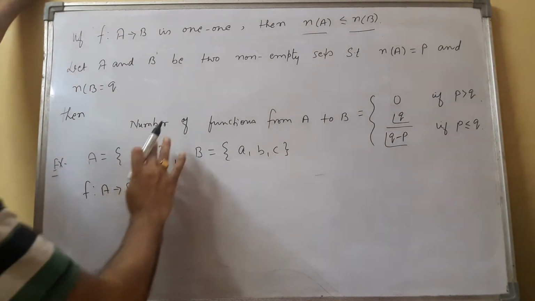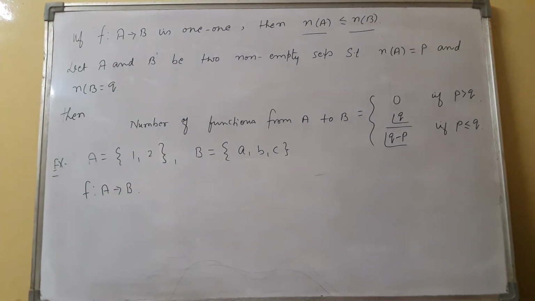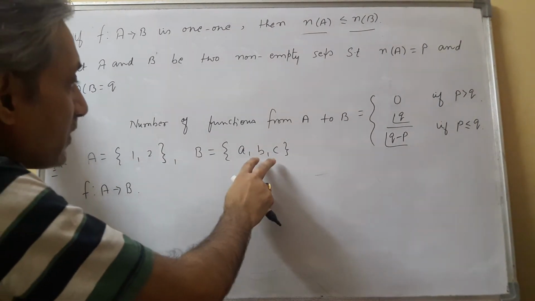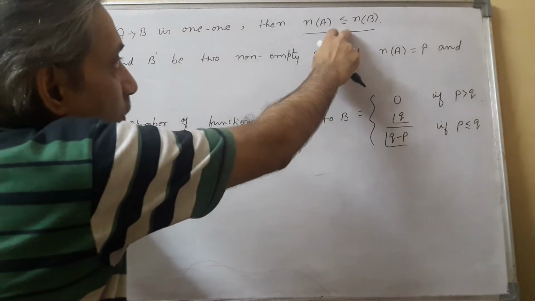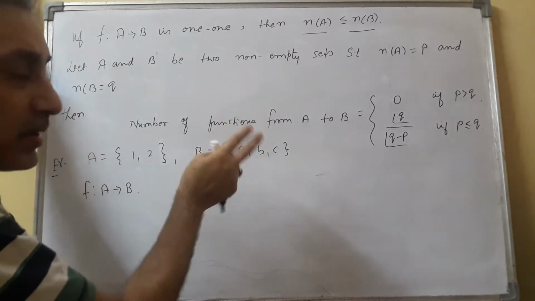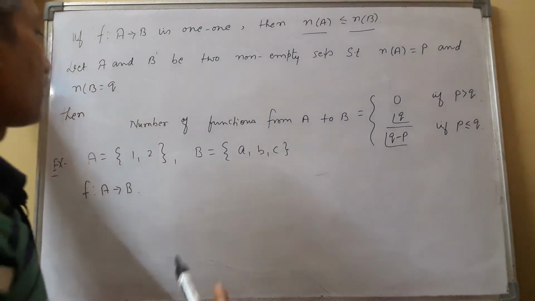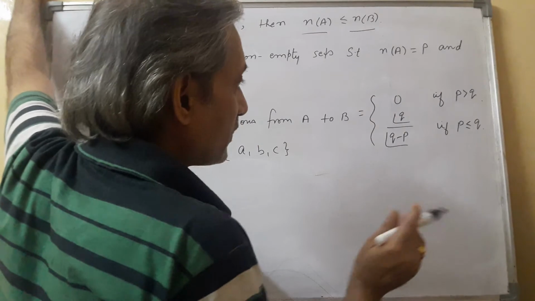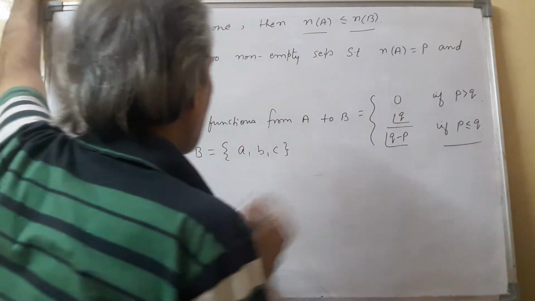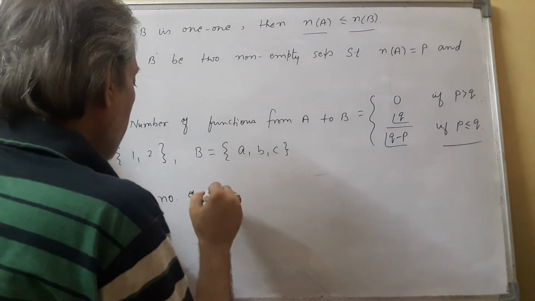What is the condition? Now look, number of elements in set A is 2 and number of elements in set B is 3. It's perfectly okay. Number of elements in set A is less than the number of elements in set B. So what will be the total number of one-one functions formed? So here this condition satisfies, so apply this formula.